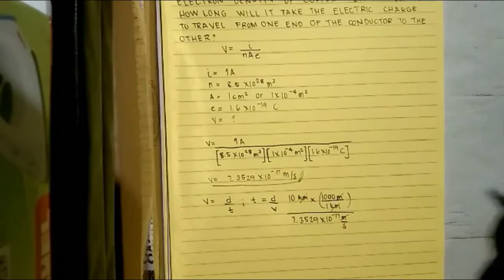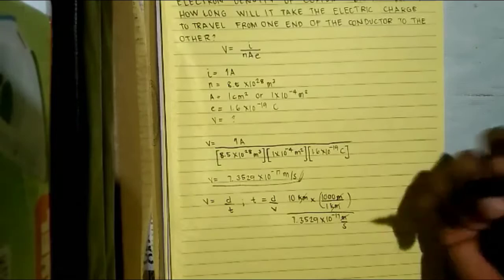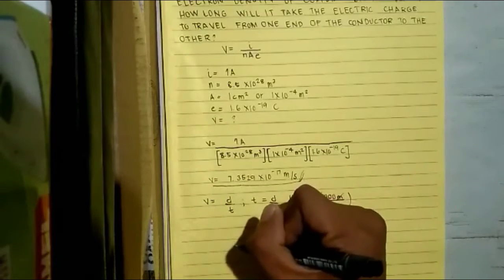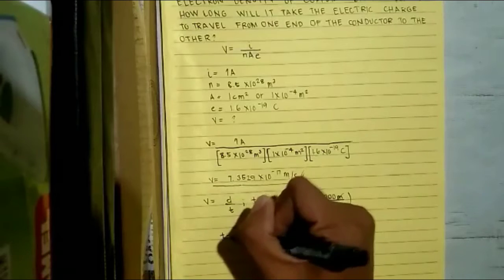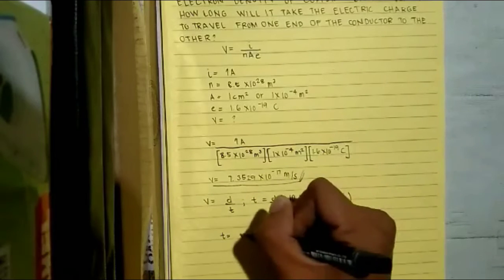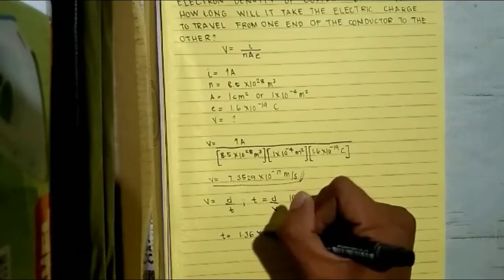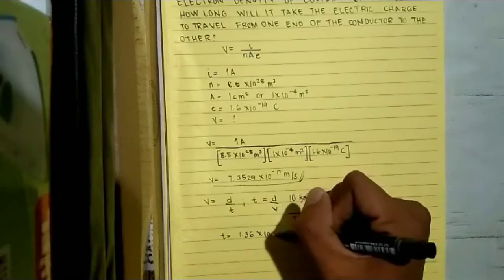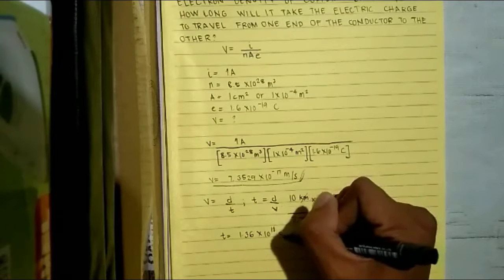By doing this operation, we will get the value of time, which is t is equals to 1.36 times 10 raised to 10 second.